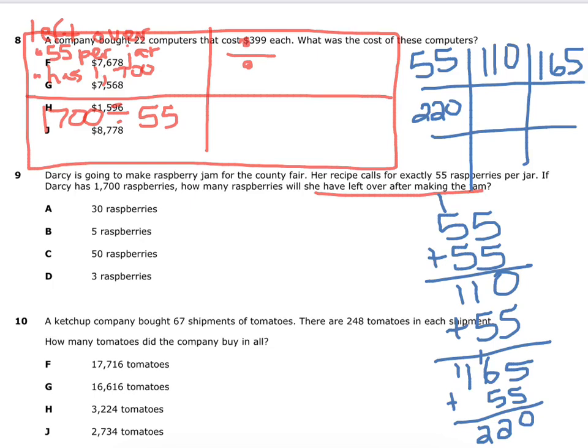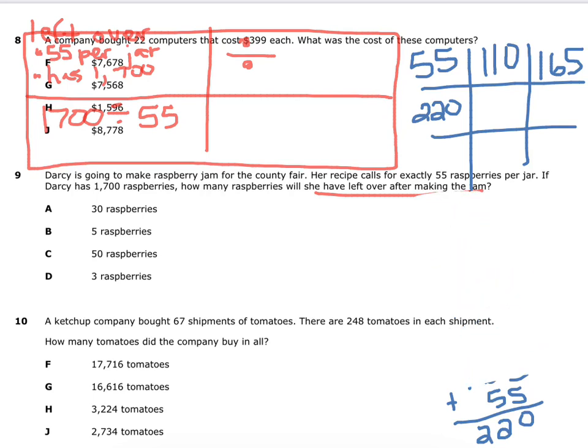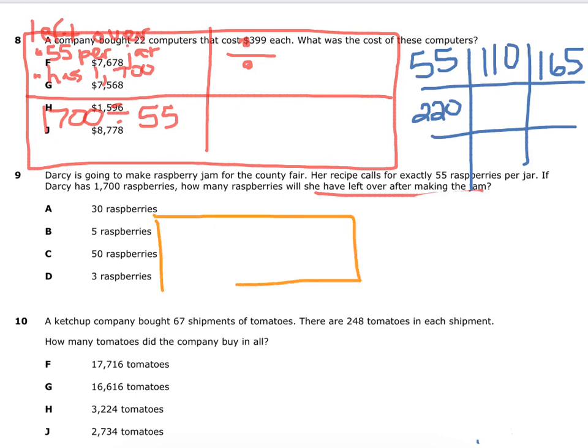And if we need to do more, we can, because all we're doing is adding 55 to each of these numbers, right? To find the multiples. So I'm going to do it in orange. I'm going to do the box method this time. And then that's, oh no, I need to make my box bigger.